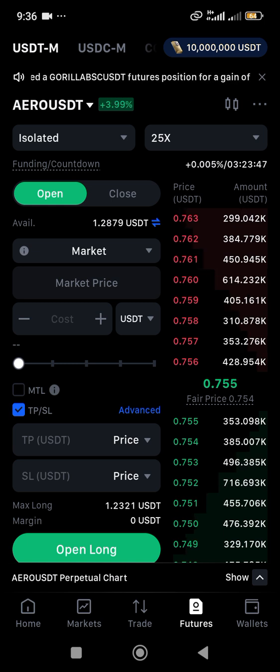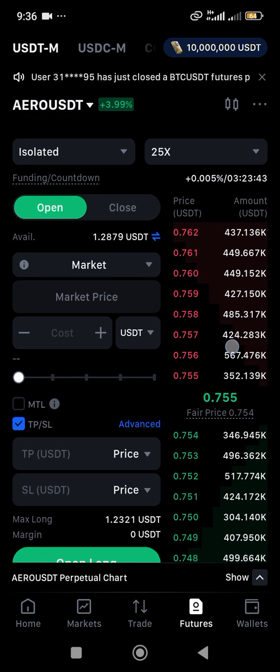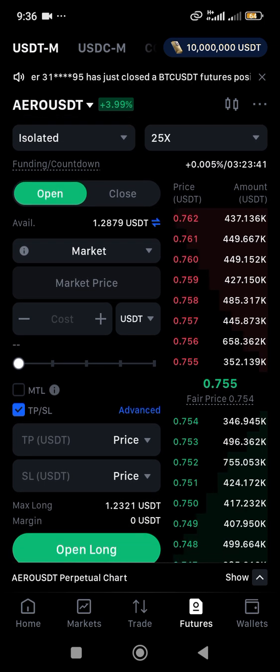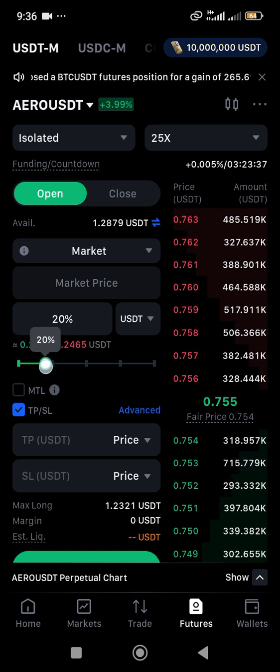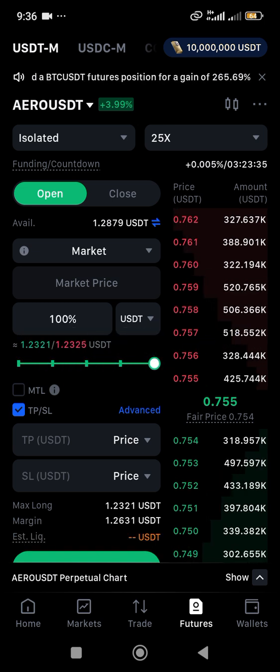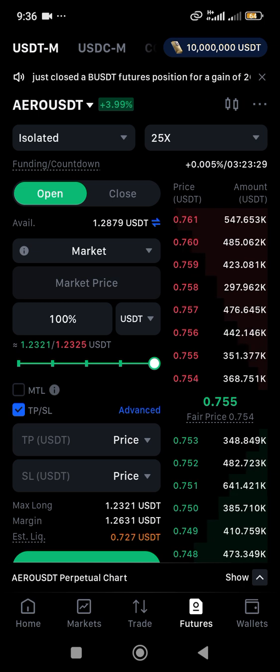Now let me show you. For instance, the value of this token now is 0.755. So let me place this order on market order. I want to use the whole of this 1.2 USDT that I have to carry out this trade.